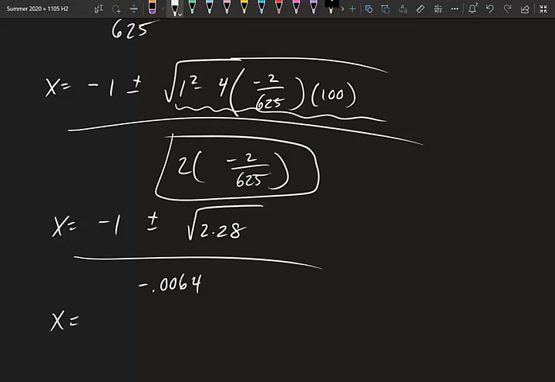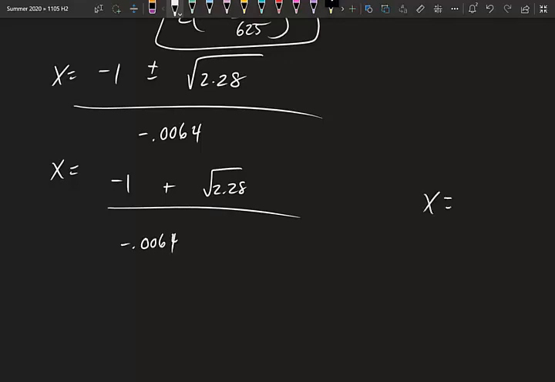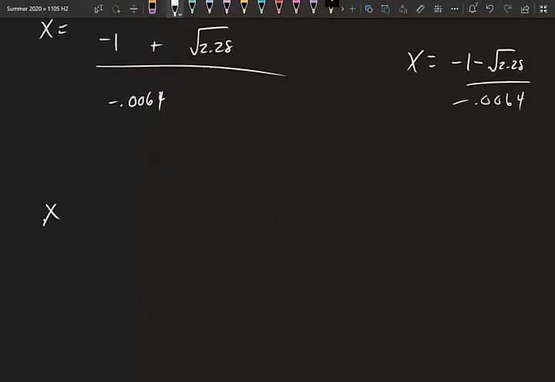So we have two equations now: x equals negative 1 plus the square root of 2.28 over negative 0.0064, and x equals negative 1 minus the square root of 2.28 over negative 0.0064. Use your calculator. You know how to simplify this. We get x is approximately negative 79.68233610, and then x is approximately 392.182323610.